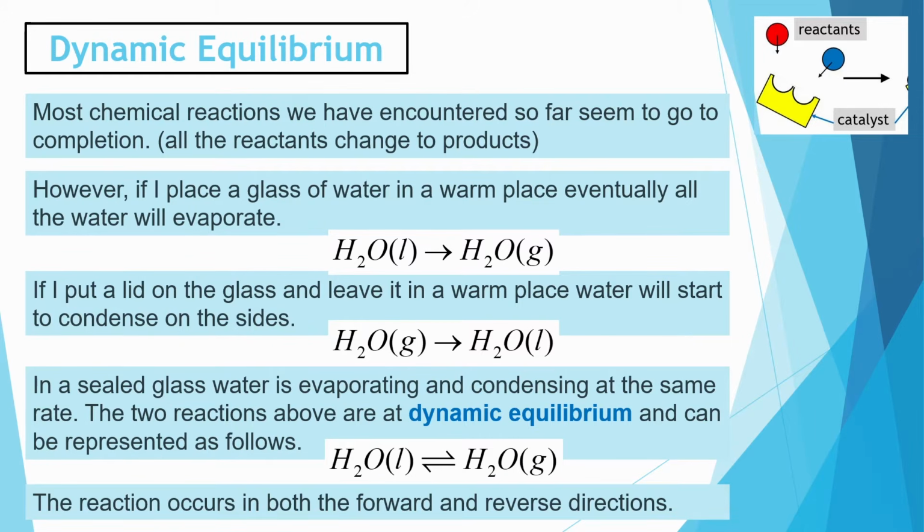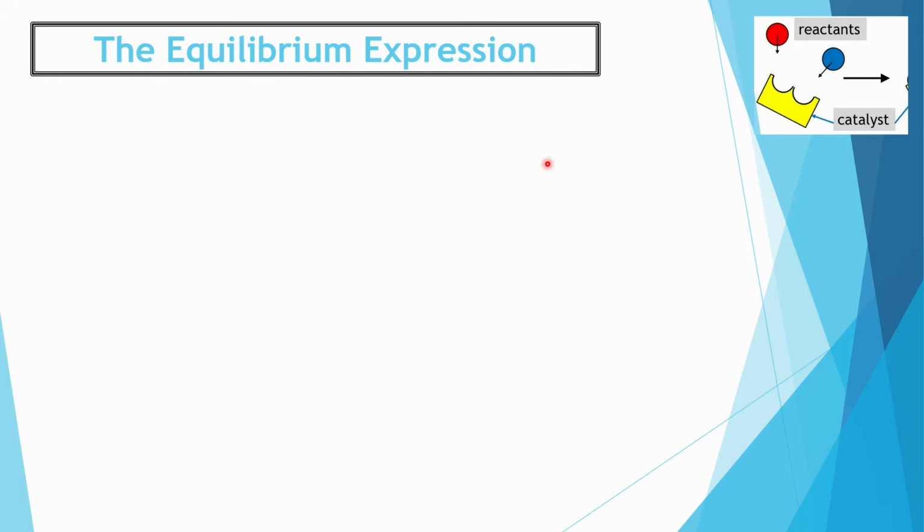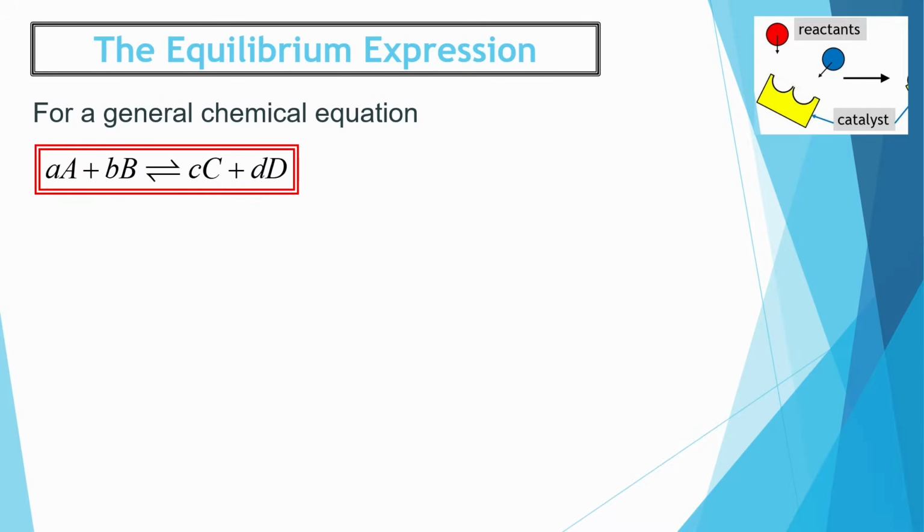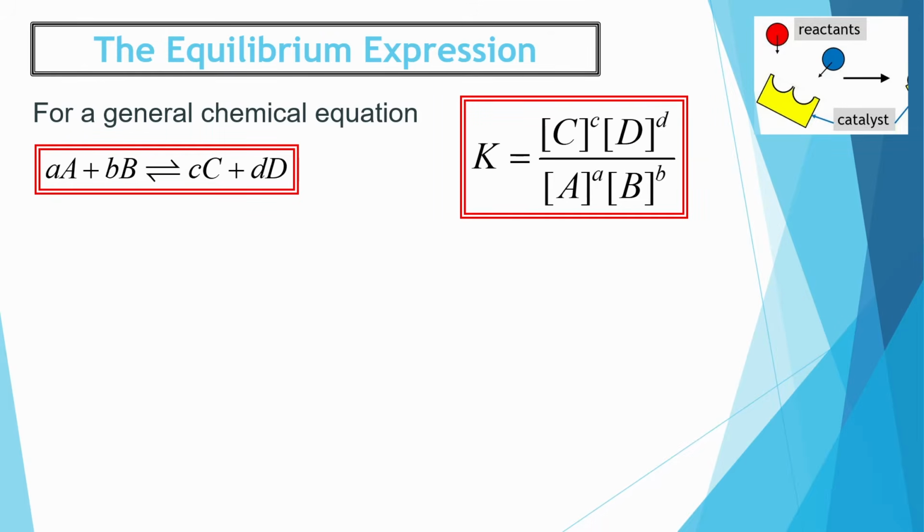Let's go on to the next slide. So, the equilibrium expression. For a general equation, we have this equilibrium expression given here. You would have seen this, and we need to remember generally how this works.